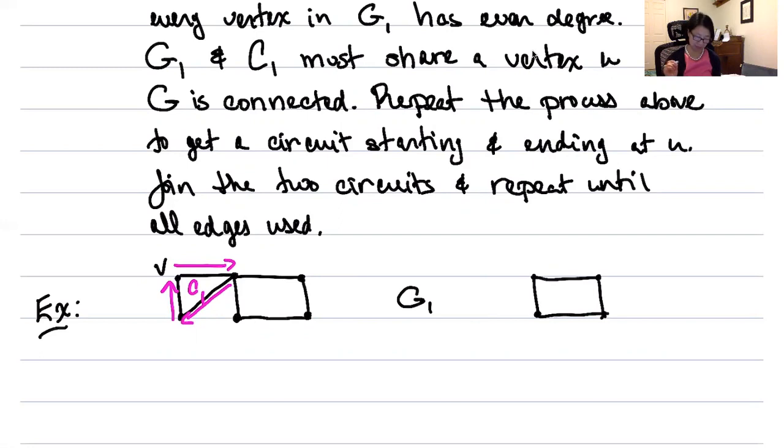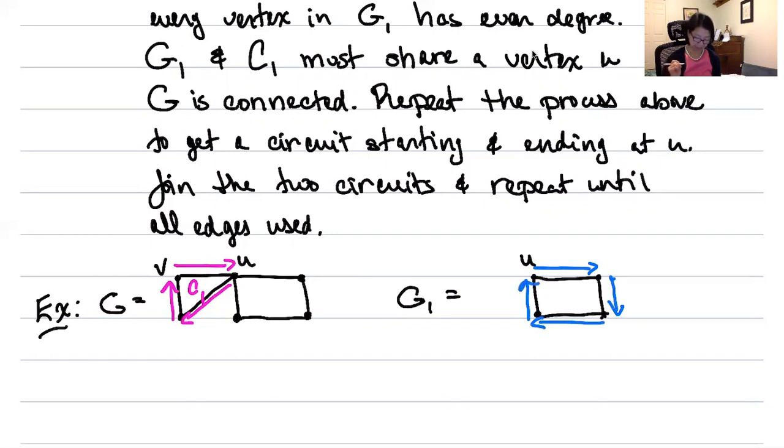I just have this, and I see this graph G1 does intersect my original graph G in a vertex, and that vertex is the vertex U. Now I'm going to start following a trail here, and I don't get stuck at any of these vertices until I come back to U.